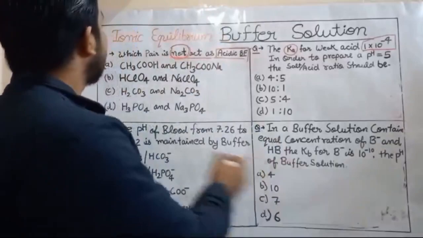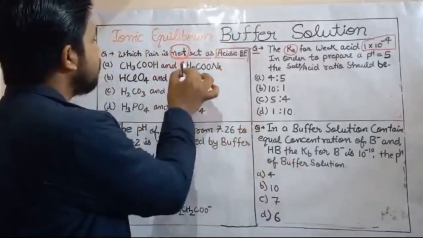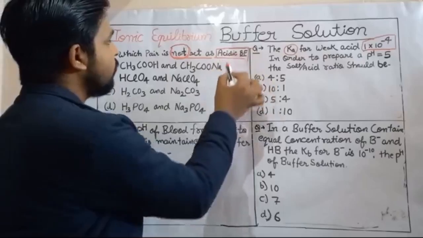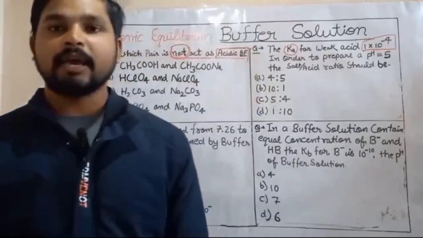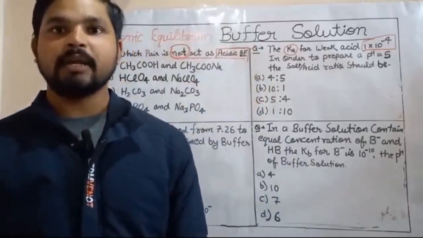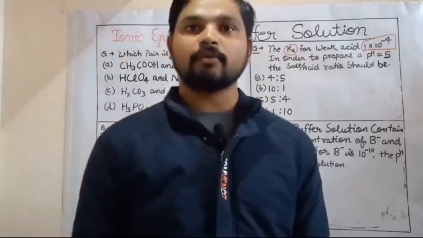Okay student, the first question is which pair does not act as an acidic buffer. For the acidic buffer condition we have studied that a weak acid plus its conjugate remaining in solution acts as a buffer solution.